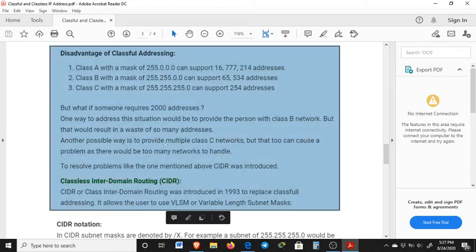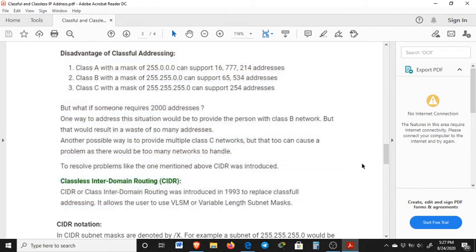Another possible way is to provide multiple class C networks. For you to get to 2000, you need multiple class C networks, because each is 254, and you need so many of them to reach 2000. But that too can cause a problem, as there will be many networks to handle.